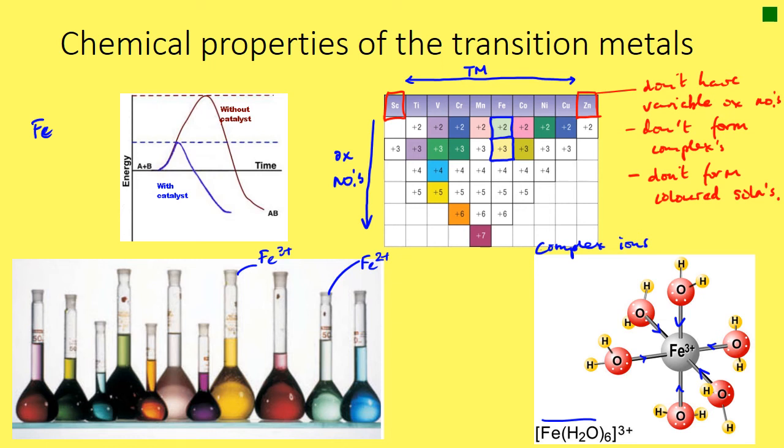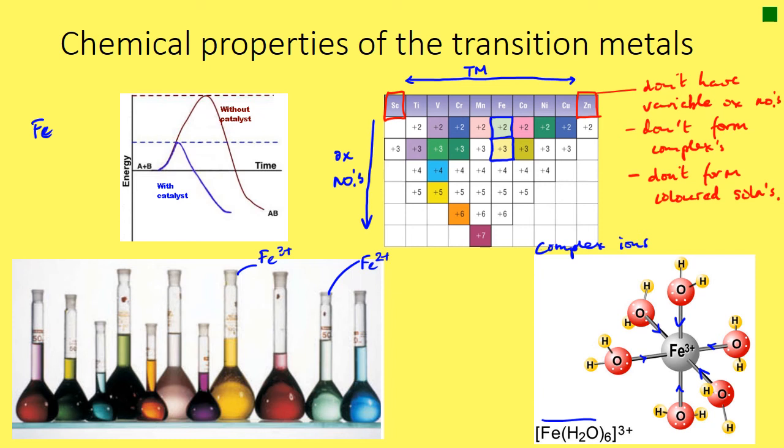And if you were interested, you'd find out that these bonds here between the water molecules and the iron 3+ ion are coordinate bonds, and they make a complex, a metal complex, right? That is the formula for which is given at the bottom left-hand corner there. All right, so metal complex ions are a feature of transition metals because of their high positive charge density, attracting polar molecules that they're swimming around with.